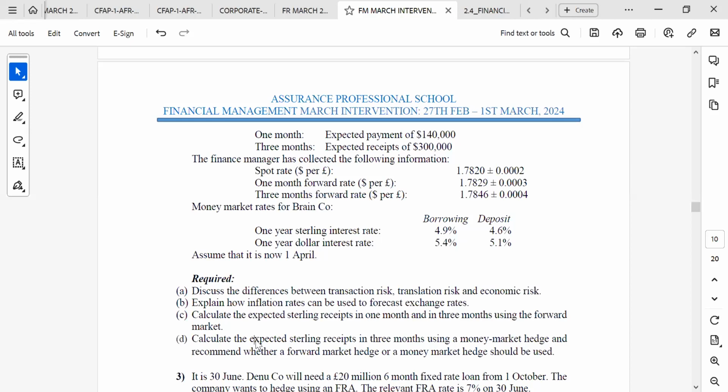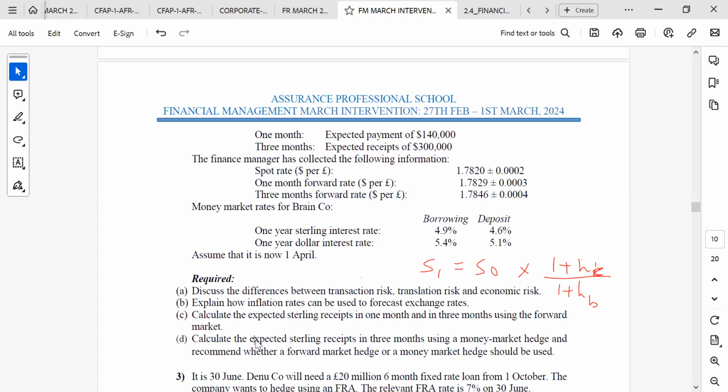The forward rate, which is always the X1, is calculated as the X0 multiplied by 1 plus the inflation rate of the home currency, H, over 1 plus the inflation rate of the counter currency, I. So the HB will always be the home currency, and the counter currency is the other one. So we use the inflation rate.